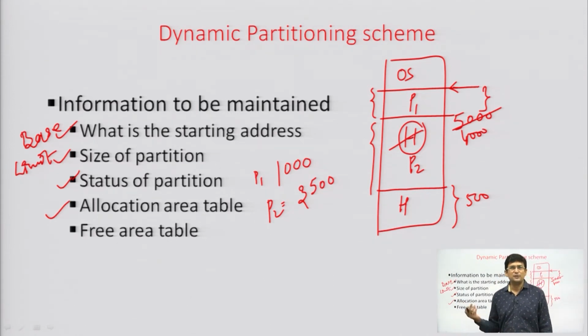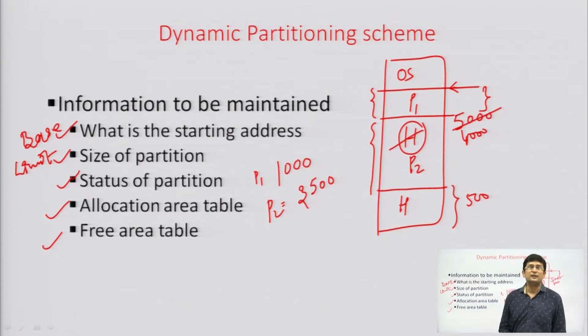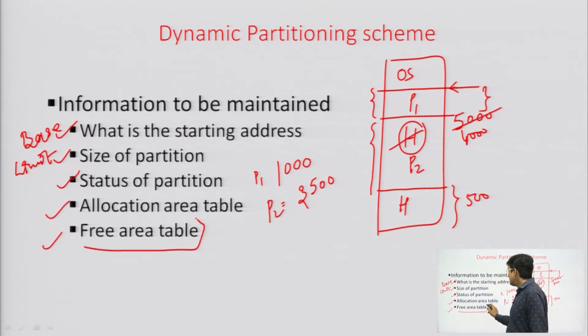We have multiple processes allocated in the main memory, so we should have a record of all those. That is maintained in the allocation area table, and similarly we should have a free area table also, to show which areas are free for accommodation of a new process. If a new process is coming, we will have to refer to the free area table for accommodating it.